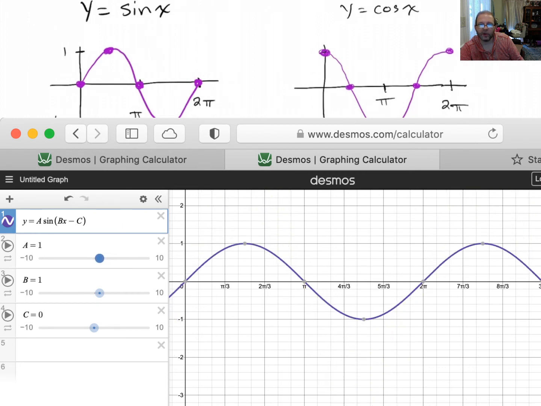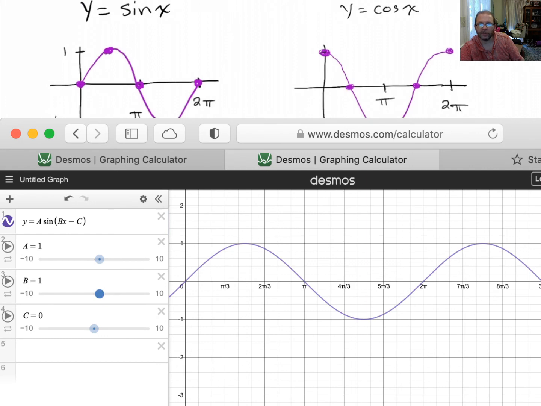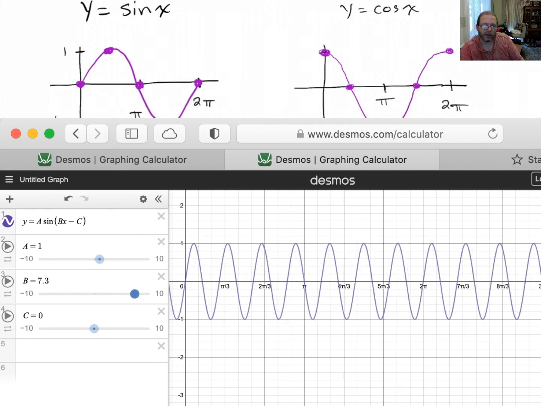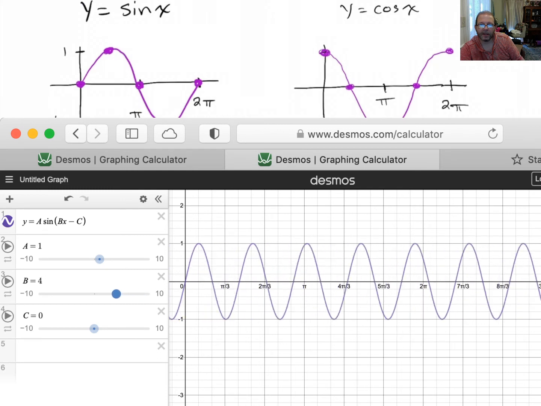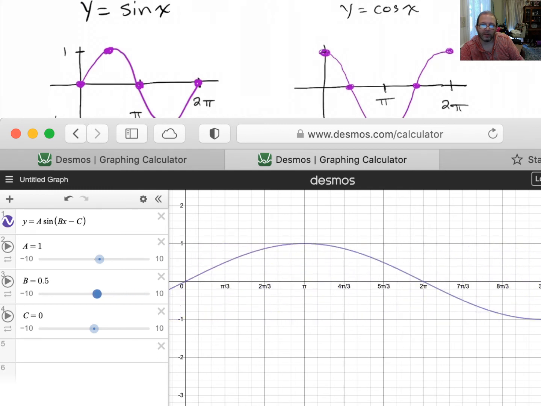B and C are a little more interesting. If I start playing around with B, if B gets big, then that makes the period smaller. If B gets between 0 and 1, it stretches it out. Notice if B equals 0, then it just makes it y equals A sine of C, which is a constant, so you get a line.